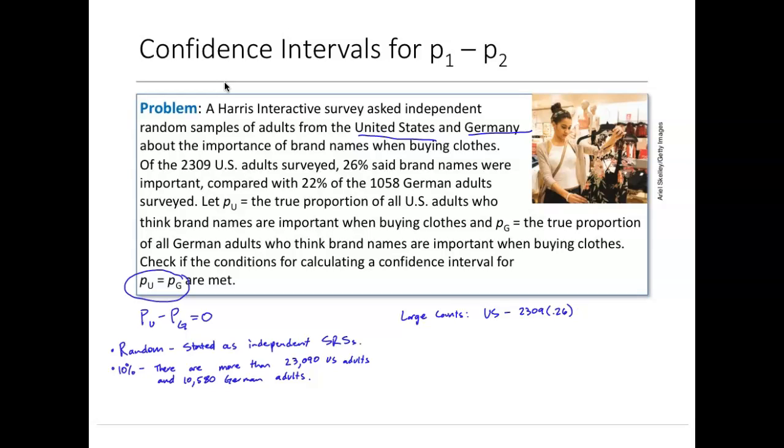I'm actually going to multiply that out. 2,309 times 0.26 is 600, which is greater than 10. And then I need to multiply that by the complement, 2,309 times 0.74, which is 1,708.66, which is also greater than 10.